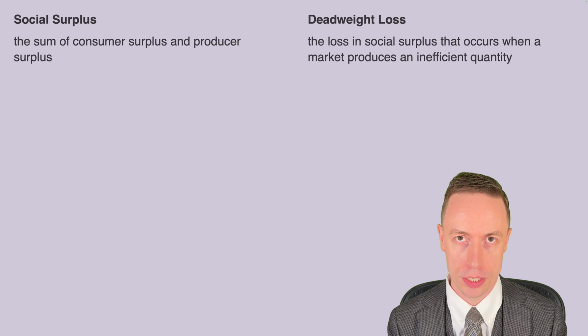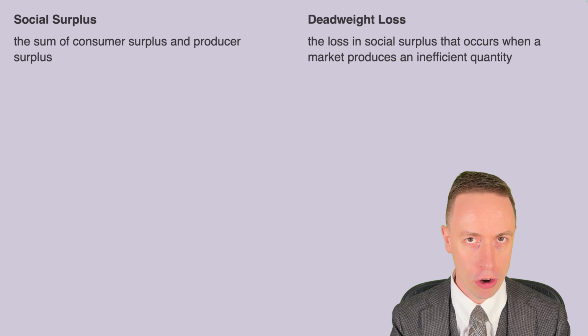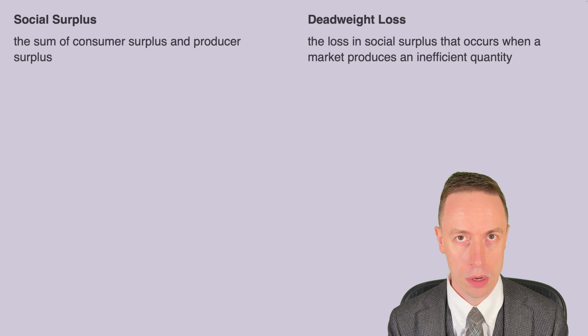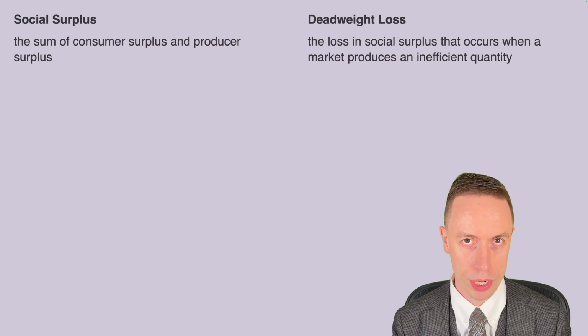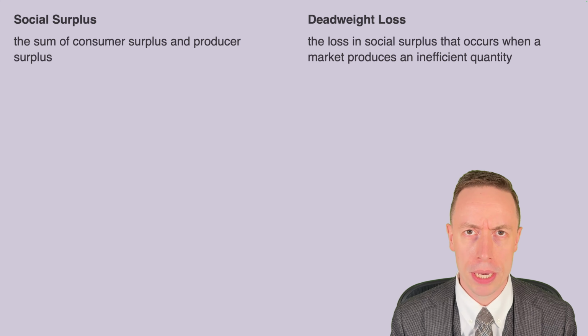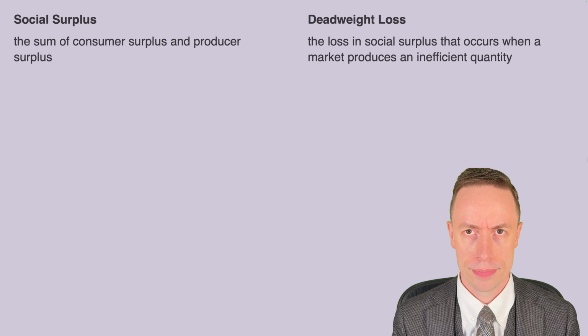So if efficiency is the goal of economics, you might think of deadweight loss as one of our enemies. If we encounter deadweight losses, often we want to see if we can make them smaller or get rid of them. So that brings us back to our topic of price controls.